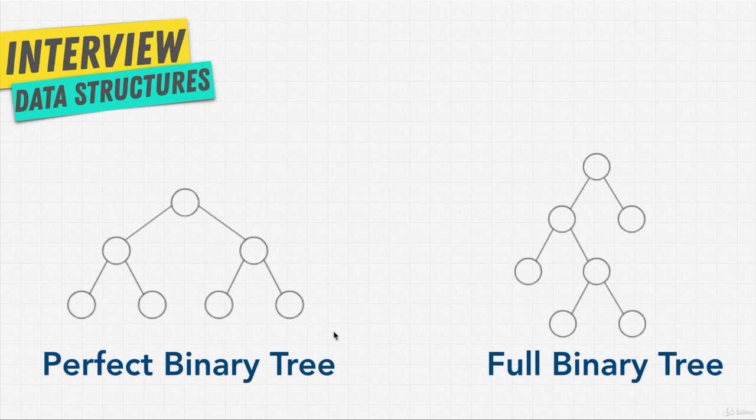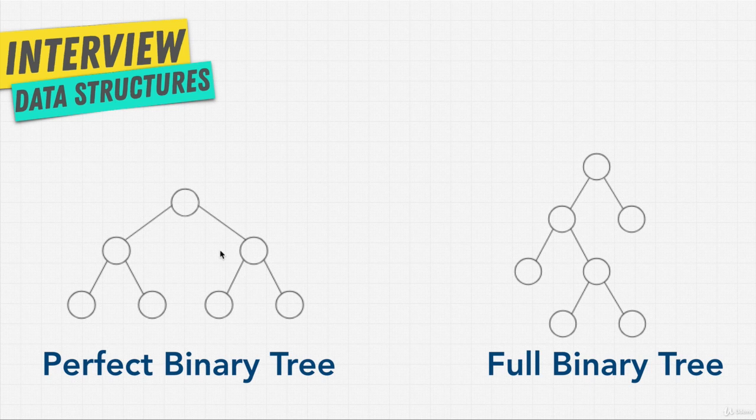Nothing's missing. Versus a full binary tree, which simply says that a node has either 0 or 2 children, but never one child. Now, why is this important? Because this type of binary tree, especially a perfect binary tree, is really, really efficient and something that is desirable.